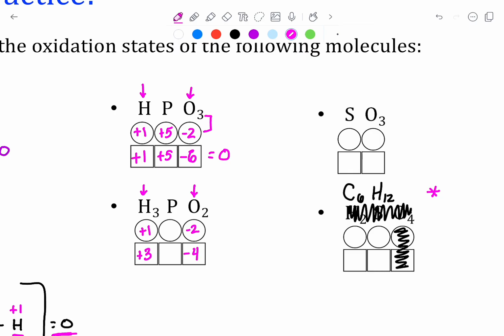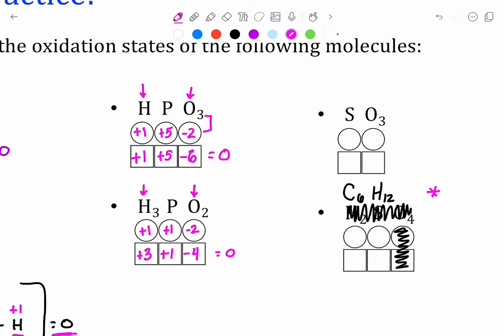H3PO2 still has a charge of 0. Therefore, the oxidation state of phosphorus is now +1. +3 + 1 - 4 = 0. So now our oxidation number of phosphorus changes to +1.